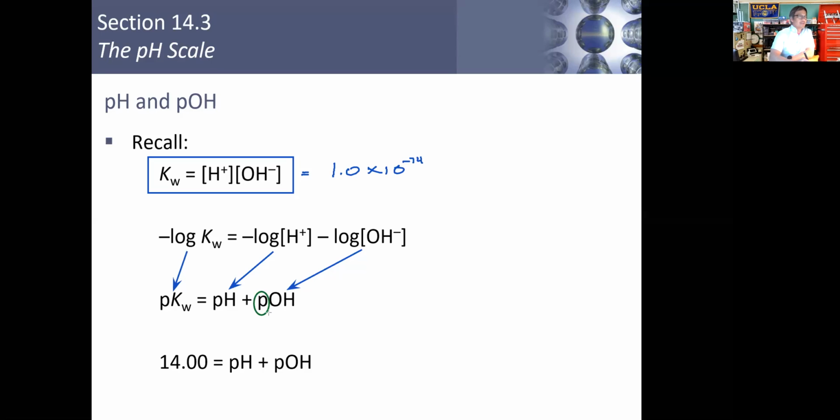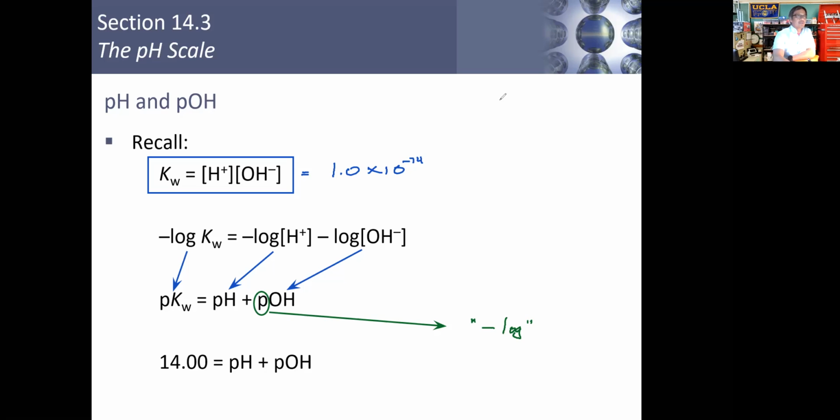So pOH means we take the negative log of the hydroxide ion concentration. pH means take the negative log of the hydrogen ion concentration. pKw, the negative log of Kw.